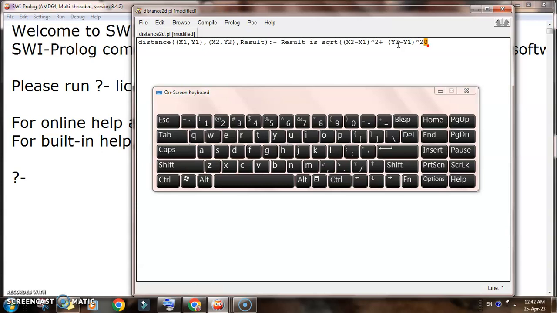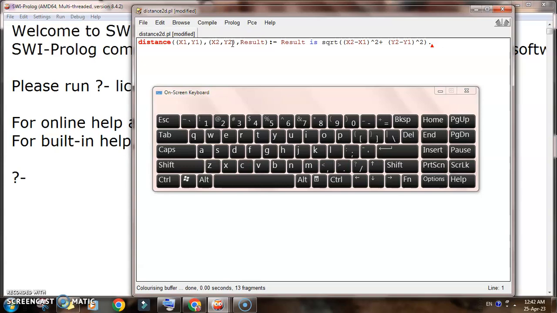Okay, so here we have completed this, and I will use a dot here. So now this is the predicate, distance X1 Y1, these values we have taken from the user. Then X2 Y2, these values also we have taken from the user.